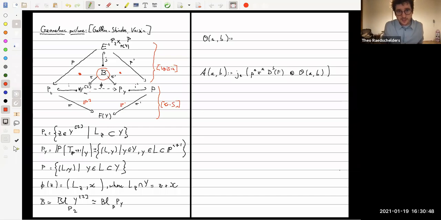In general, even if you have a diagram like this, this is difficult, if at all possible, but there's more to the geometry that helps us here, and I hope it also shows the link with homological projective duality. To show this, let me start by defining this OAB here.